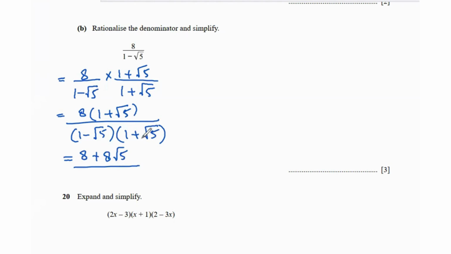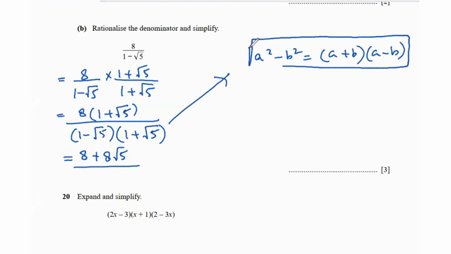And the denominator, if you notice, it's reminding us of a square minus b square, where it's a plus b times a minus b. Remember, this rule will always be followed when you're rationalizing the denominator, because that's what we're trying to do.